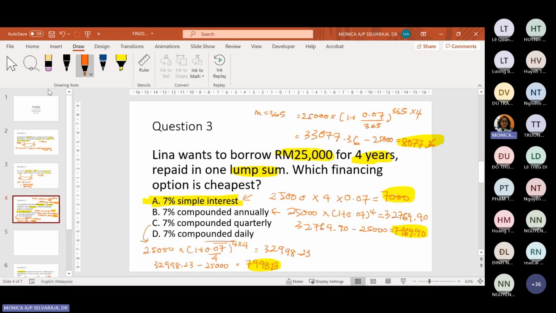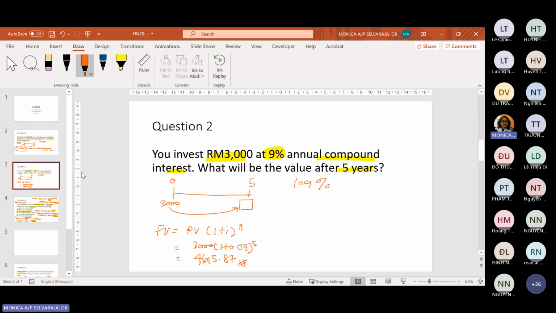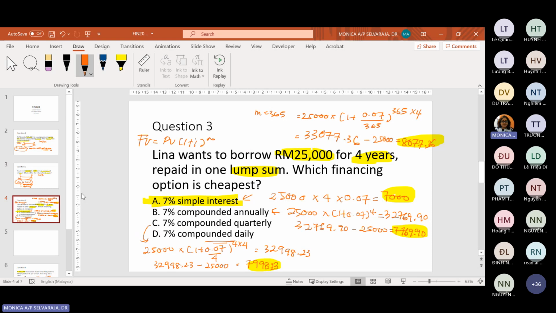Okay, question 3, the formula is basically the future value formula. Future value is present value times 1 plus I to the power of n. I've been writing the formula, guys. Can you see here? This one is the same thing, future value, so that's why I didn't write it again.